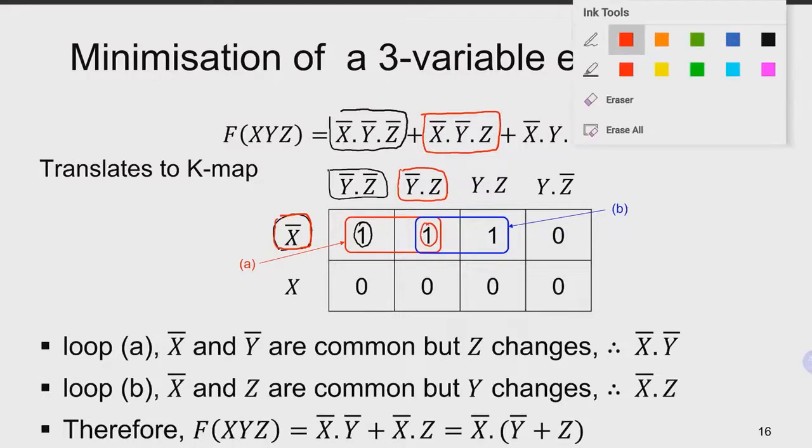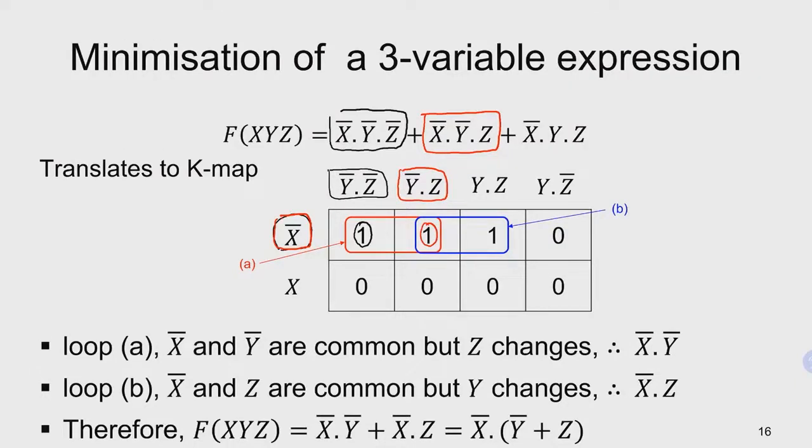And the last minterm again is x bar, with x and y, so we put a 1 here. The rest of the minterms are absent from this expression, so we put 0 for the remaining locations on the K-map.